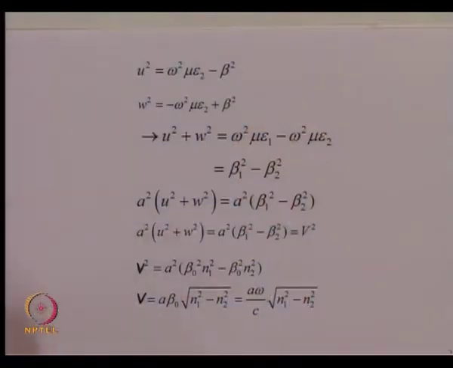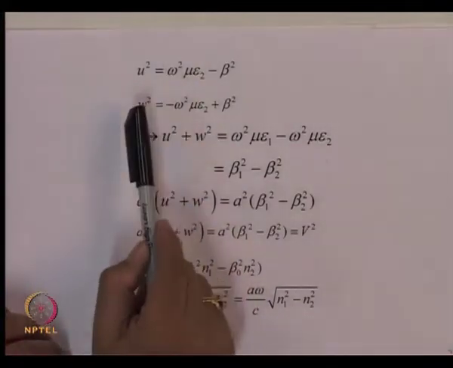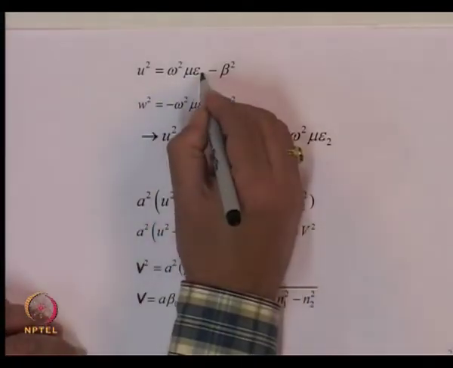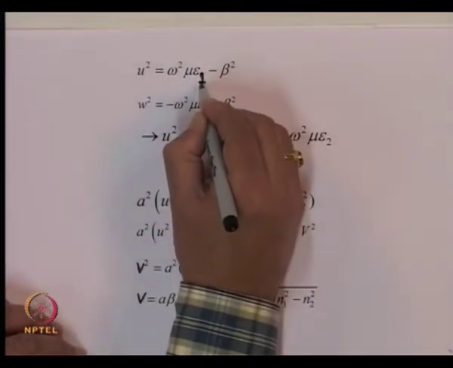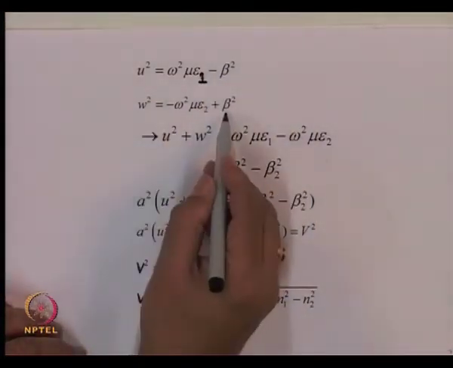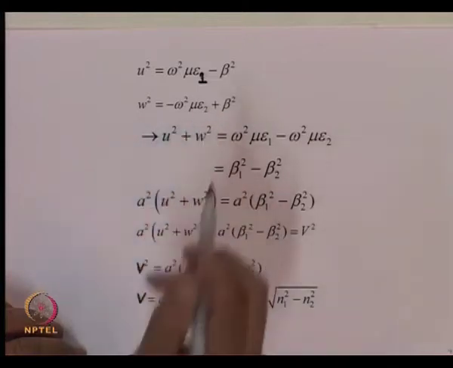if I look at this quantity u square which you have defined here, which is u square equal to omega square mu epsilon 1 minus beta square, and w square is equal to beta square minus omega square mu epsilon 2.